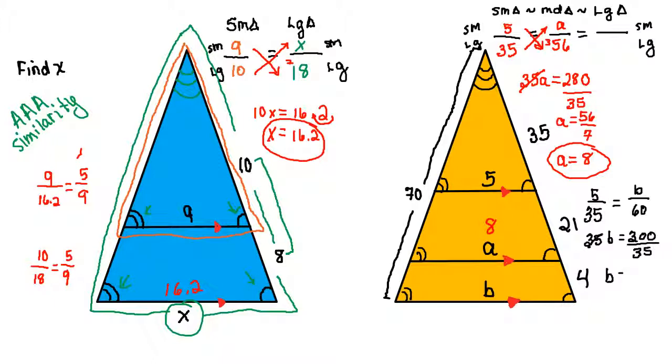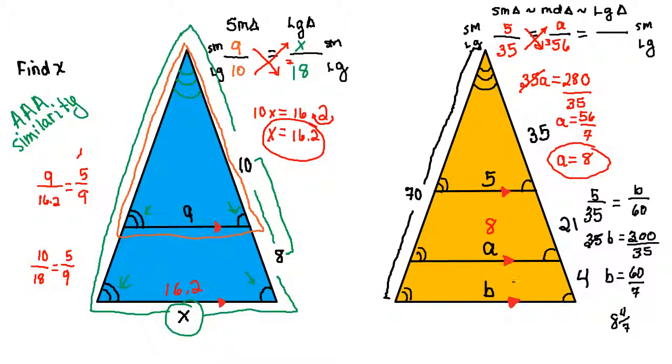So B is going to equal, let's see, 150, okay, hold on. Something that we can reduce, and we can divide everybody by a 5, which is going to give us 60 over 7, or 8 and what, 4/7?